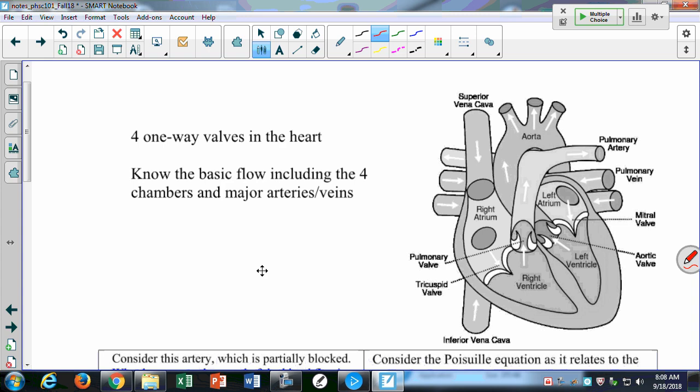Right? Hold on, I get that wrong. I'm pretty sure that's right. I think you just did it backwards. Oh yeah, so it comes into the vena cava, right atrium, right ventricle.